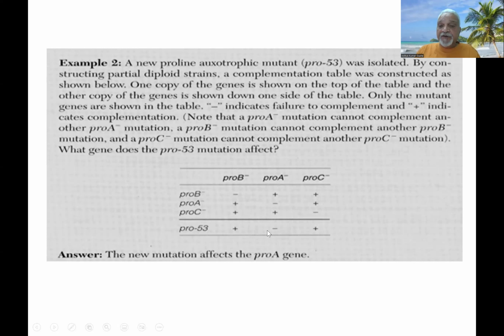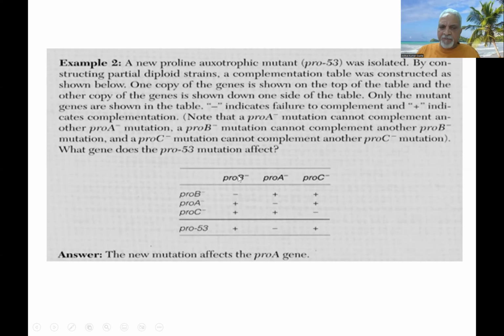So it means the mutation is in A. In the chromosomal DNA this gene is mutated, and also on the partial diploid it is, and therefore there is no complementation, and therefore the cell remains pro minus.